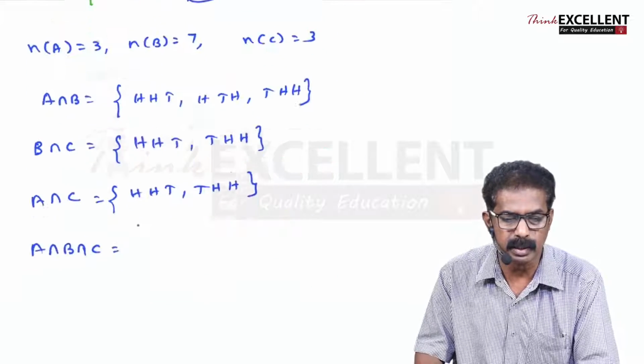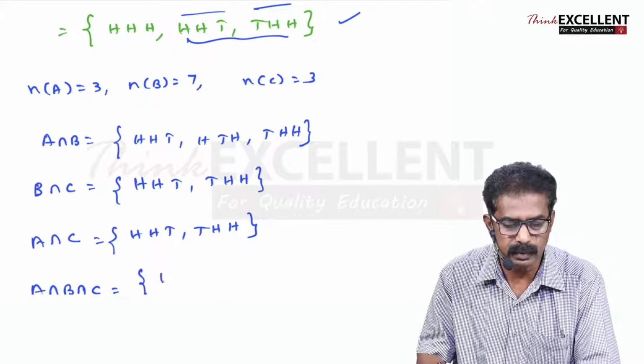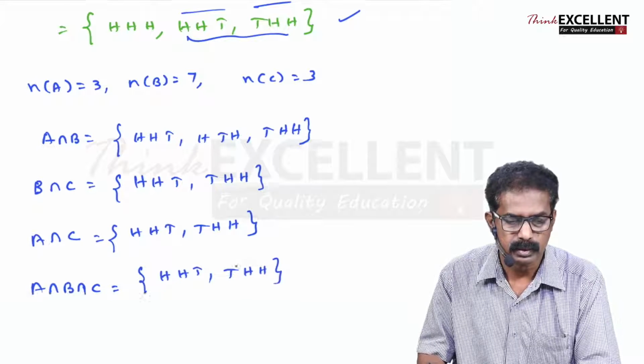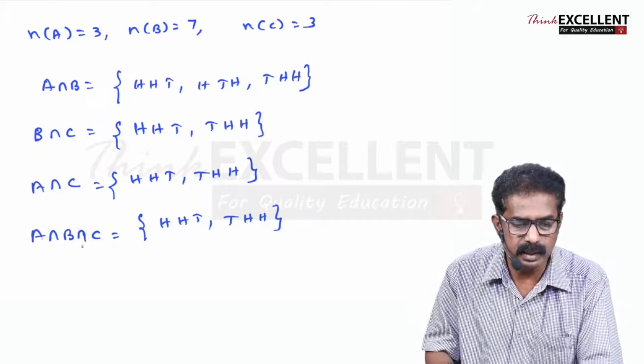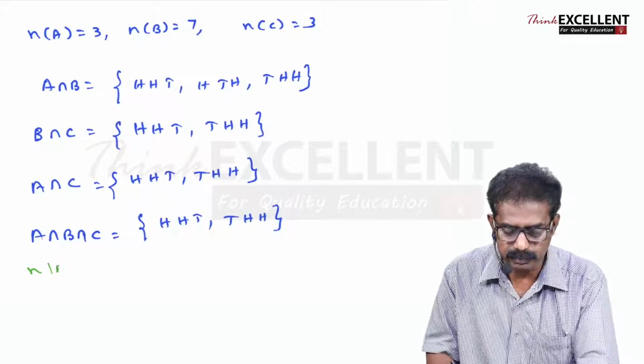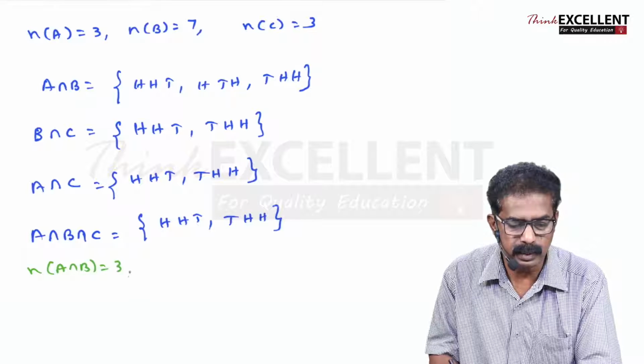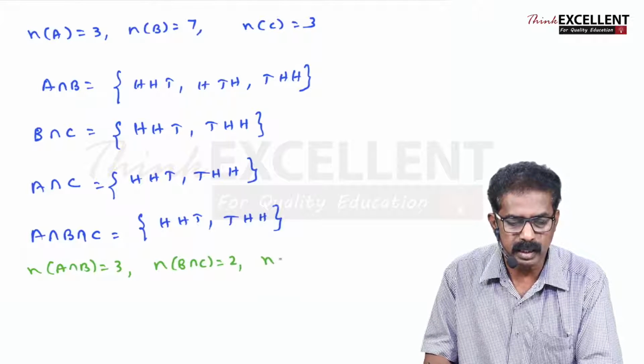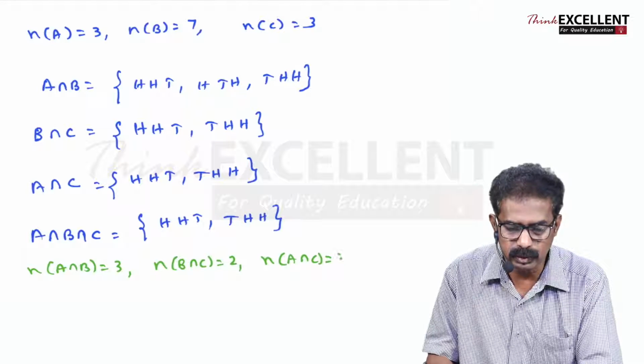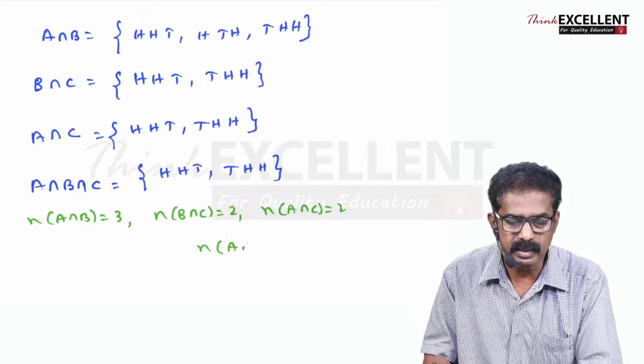Only that two common in all the three: HHT, THH. So n of A intersection B is 3. n of B intersection C is only 2. n of A intersection C is 2. n of A intersection B intersection C is also 2.